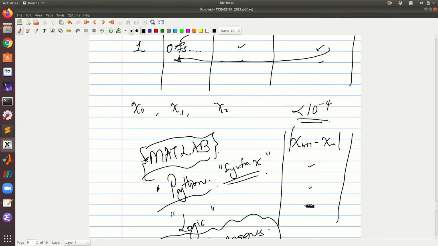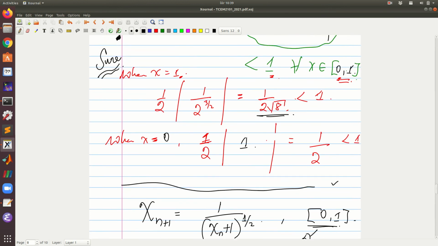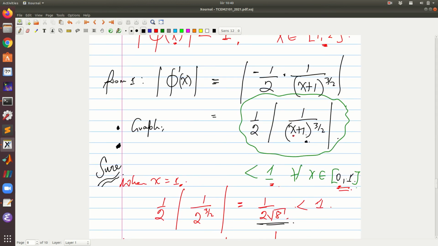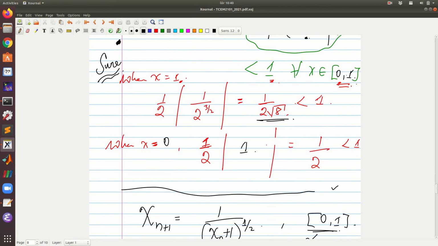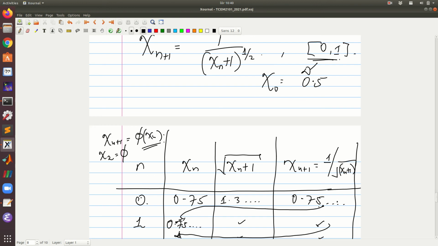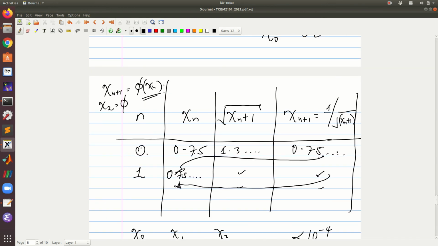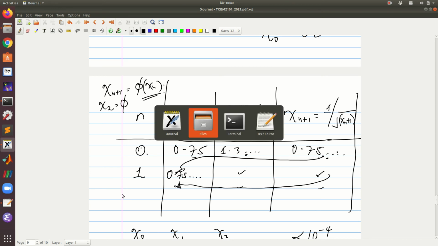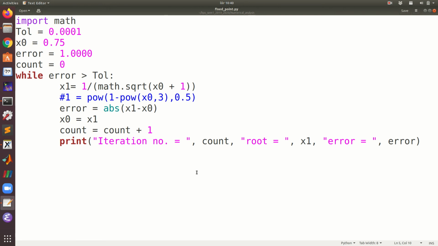So I'm going to end this quite long video by taking you to the algorithm I had written for this, because I was so lazy to compute this and then compute this in a calculator and then this. So I'll take you to the text editor. I hope you can see that.